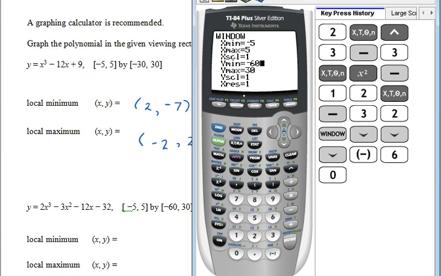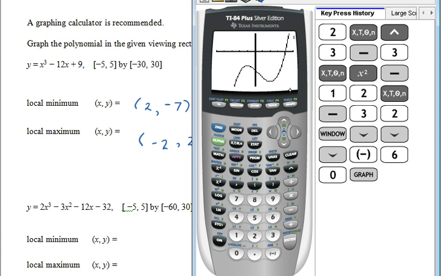And so we can now press graph. And we can see there is a local maximum at about x equals -1 and a local minimum at about x equals 2.